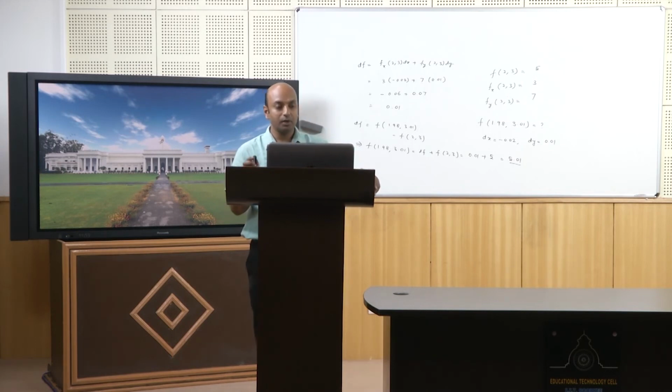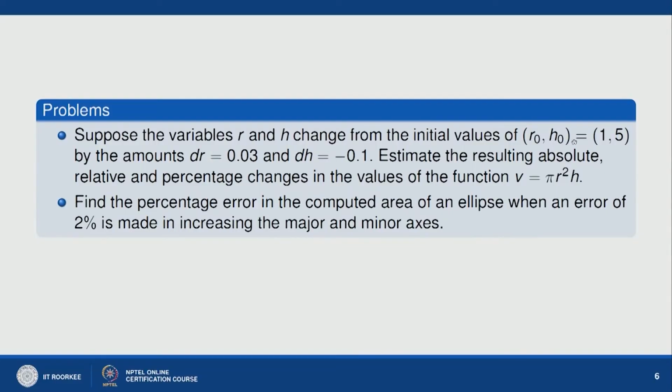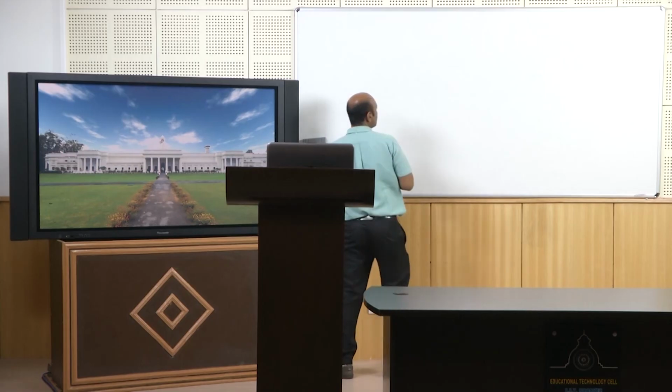Let us see. Suppose the variables r and h change from the initial values r naught, h naught, which is 1, 5, by the amounts dr equal to 0.03 and dh equal to minus 0.1. Then estimate the resulting absolute, relative and percentage changes in the value of the function v equal to pi r square h.